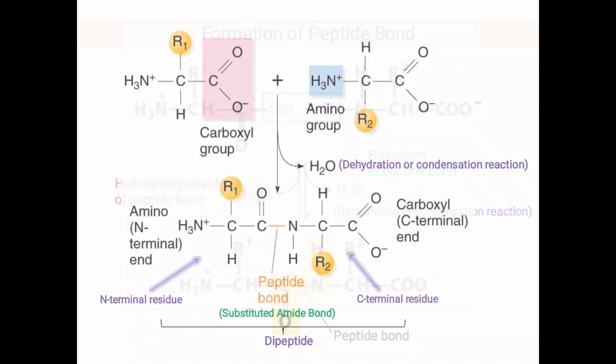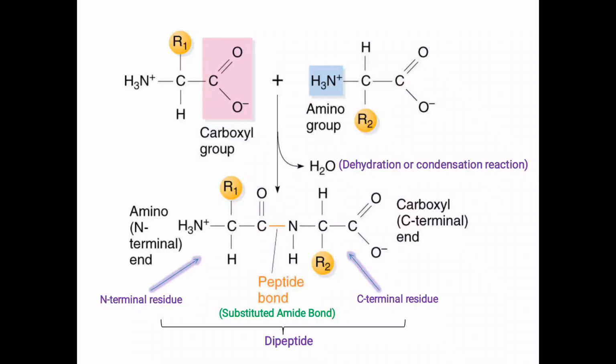Okay. Now the next slide concerns the properties and different types of terminals of the resulting peptide. We can see here there are two free terminals after the formation of the peptide, dipeptide or whatever polypeptide is formed.